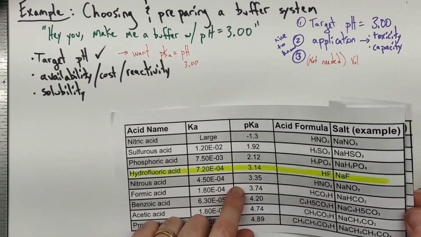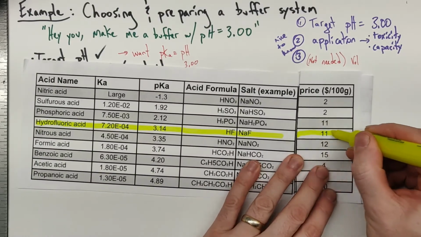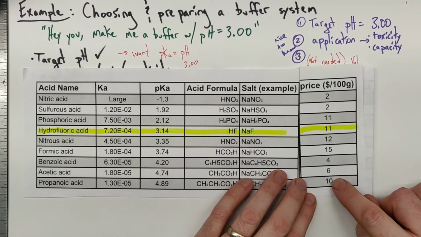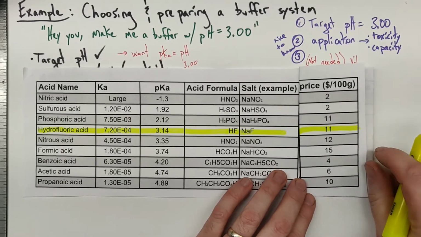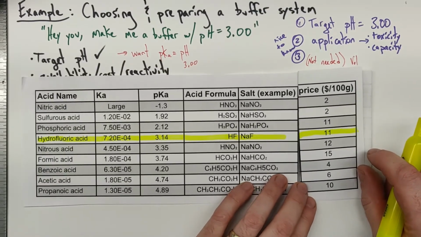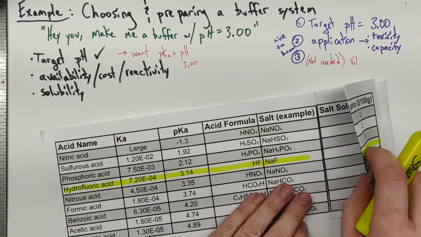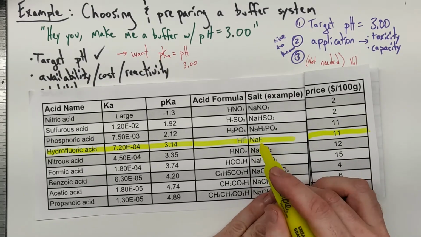So next, let's take a look at cost, and I've got that one right here. As far as cost goes, it's about $11 per gram, which isn't too out of line with these other ones. It's tied for second most expensive, I guess, or third most expensive, but it's really not too cumbersome in that regard. So cost seems okay. And then if we look at availability, it's actually pretty hard to get hydrofluoric acid in any concentration.